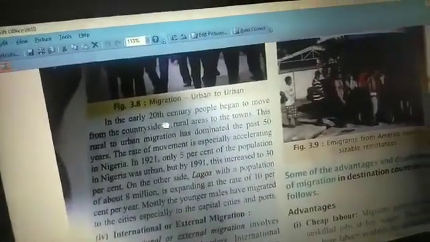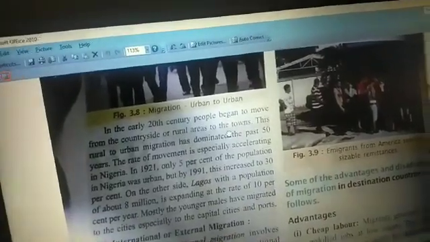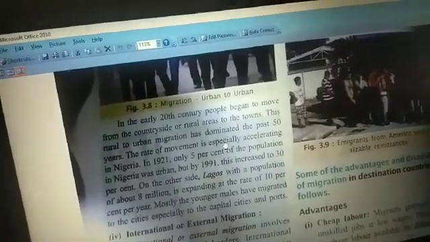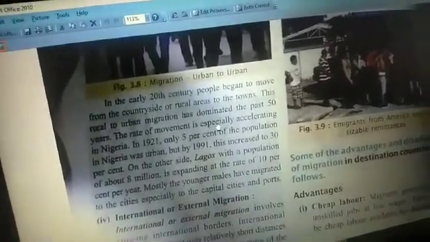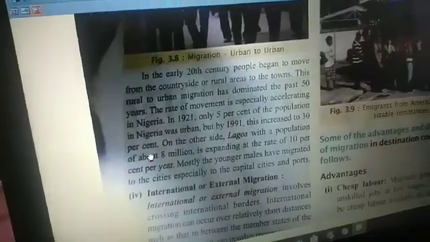In the early 20th century, people began to move from the countryside, the rural areas, to the towns. So this is movement from the rural area to the township areas. For example, here if you see Nigeria, Nigeria is one particular place in Africa. Nigeria and others are not 100% developed.